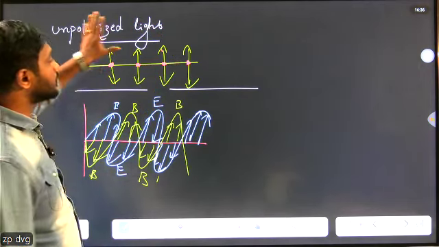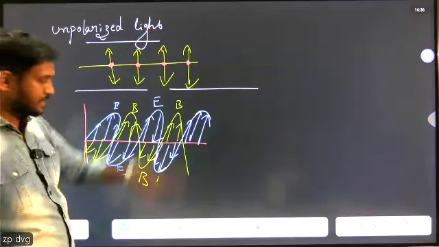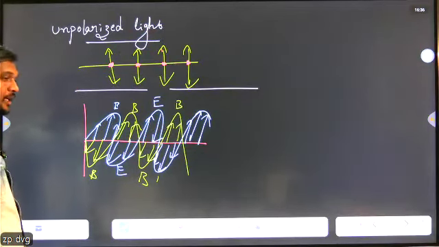So this is unpolarized light. Is it clear? And this represents electromagnetic wave theory.